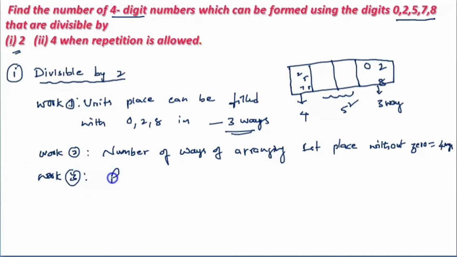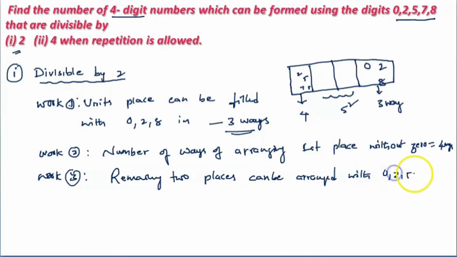Work 3: the remaining 2 places, that is the tens and hundreds place, can be arranged with 0, 2, 5, 7, 8 in 5 square ways.